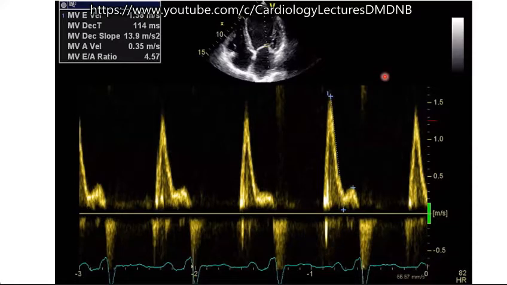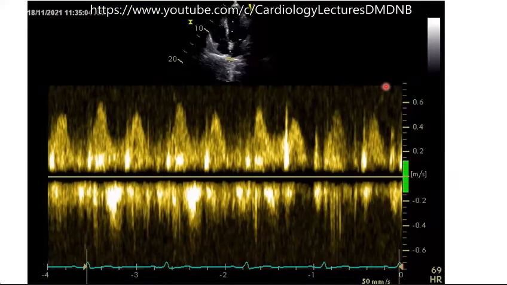Anything above 15 can be considered as highly suggestive of a restrictive filling pattern of the left ventricle. I think it was 36 or so. So this is a grade 4 LV diastolic dysfunction.